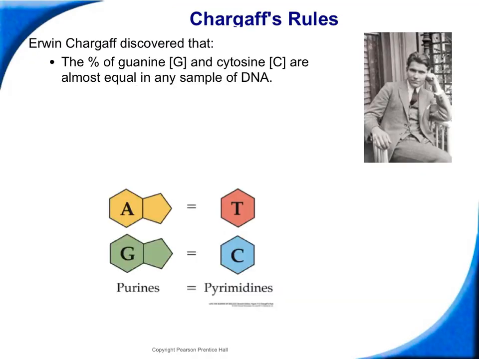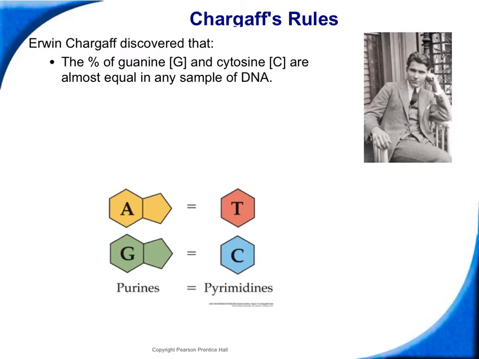Now the knowledge of these bases, the purines A and G and the pyrimidines T and C, was not a mystery. It was not unknown. And actually, Erwin Chargaff in 1950, 2 years before Hershey and Chase conducted their experiment, proposed these rules.